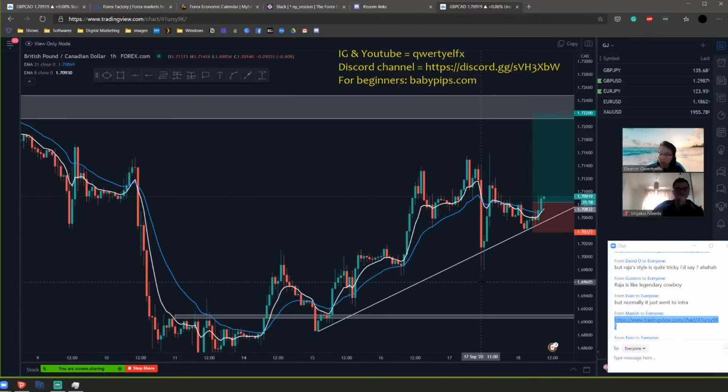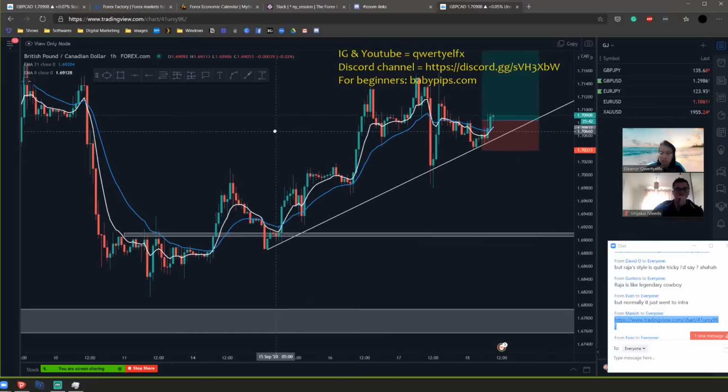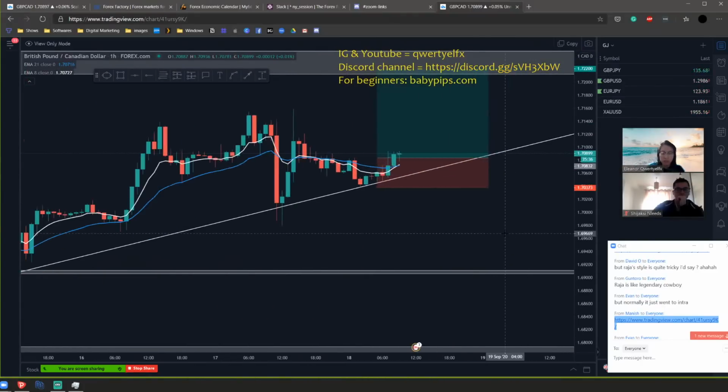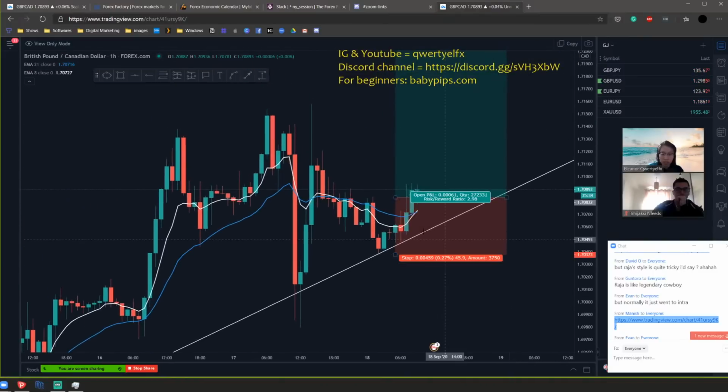This is the 1 hour. Did you enter based on the 1 hour or lower? Yes, based on the 1 hour. My entry was a bit late. Yeah, that's what I'm thinking. That's why I asked. Let me see. The good thing is if you're long, you should be good. This is a very classic example of how indicators are lagging.